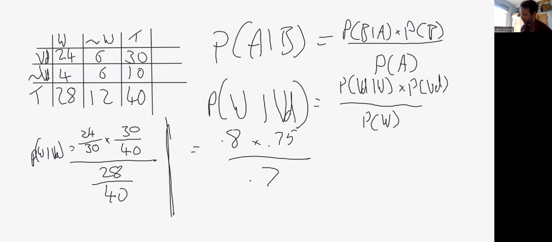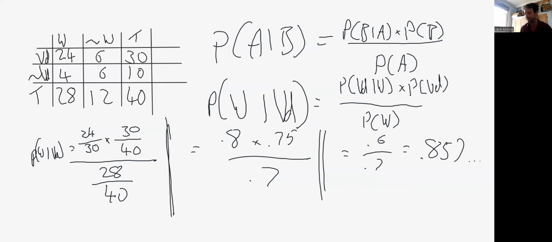Okay, let's work that out. So it equals 0.8 times 0.75, which is 0.6, divided by 0.7, equals 0.857 and some change.